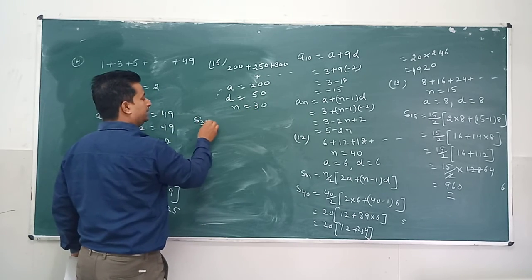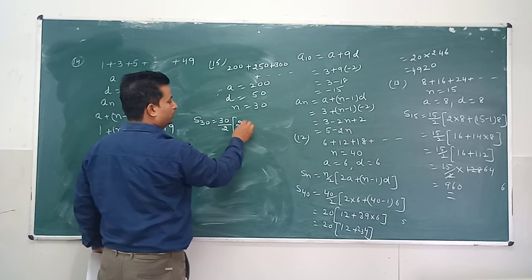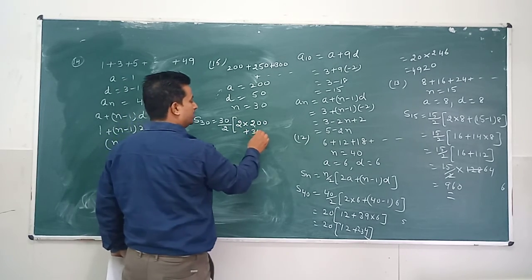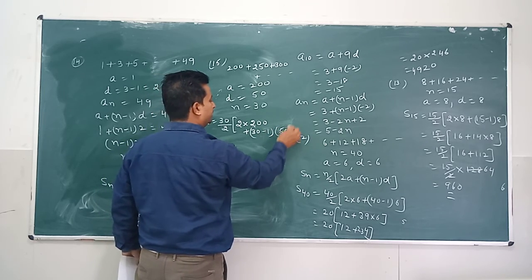So S30 is n upon 2, which is 30 upon 2, 2a is 400 plus n minus 1, this is 30 minus 1, d is 50.